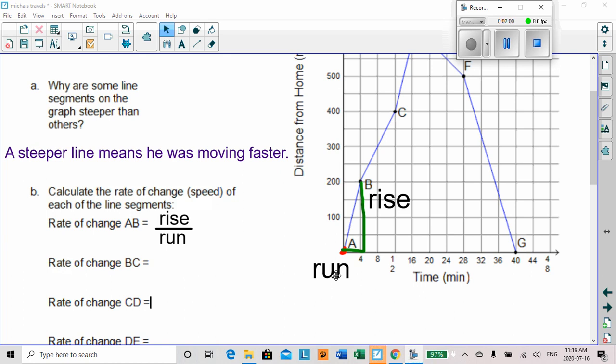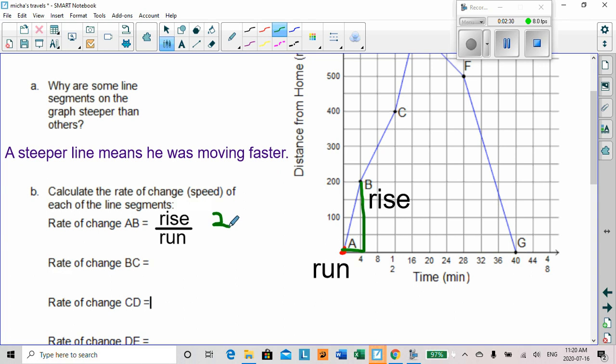To calculate the rate of change, we have to see what the rise is. Just because this is 4 squares does not mean that the rise is 4. You have to look at the scale. When you look at the scale, you can see that the rise goes from 0 up to 200. So the rise is 200.